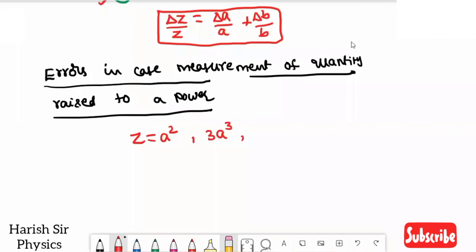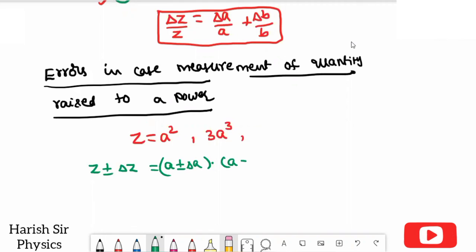Suppose I'm taking Z is equal to A square. Generally, if you take the error, Z plus or minus delta Z is equal to A plus or minus delta A into A plus or minus delta A, because I'm considering only Z is equal to A square.